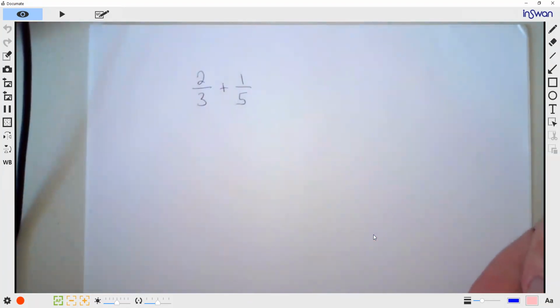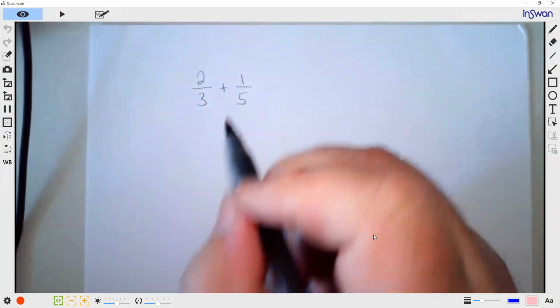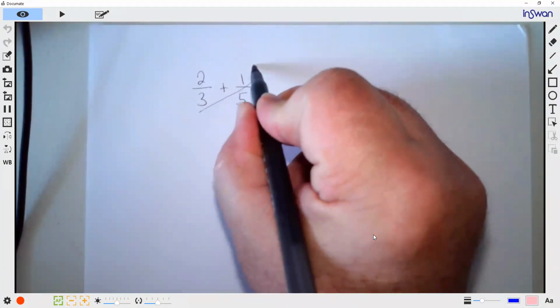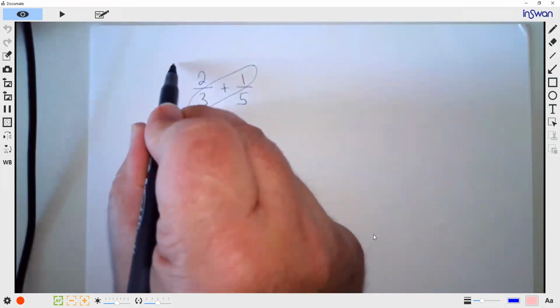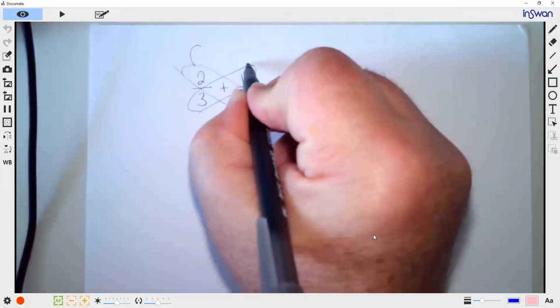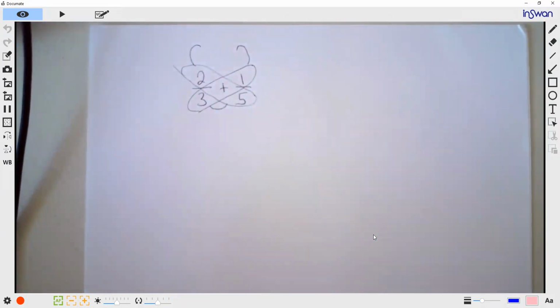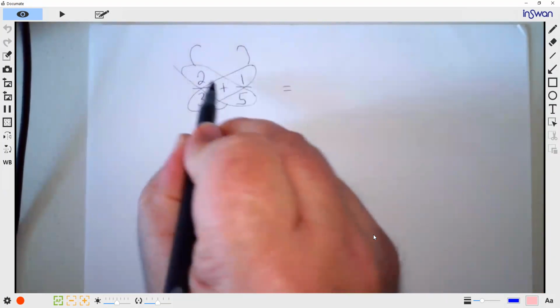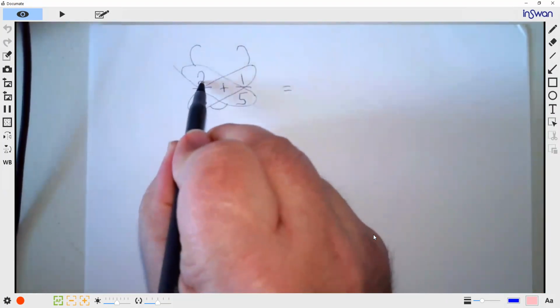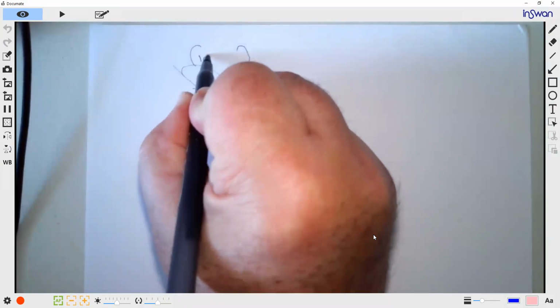This is called the butterfly method. If you have addition of fractions, let's draw a butterfly. That kind of looks like a butterfly. On this wing, multiply these. 2 times 5 is 10.